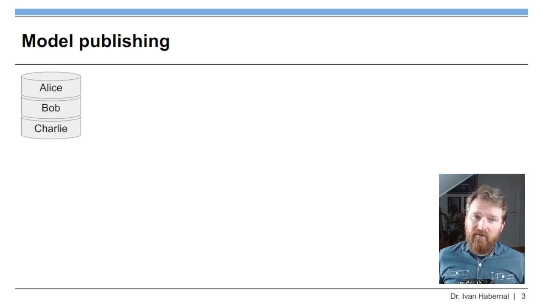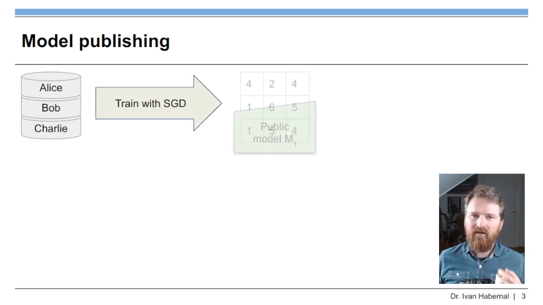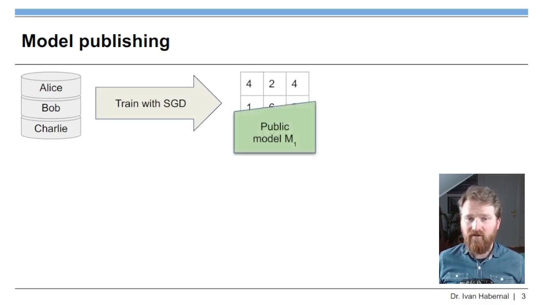When we go to model publishing, for example, here we have a very small data set of 3 persons in there, and what we typically do is train it using stochastic gradient descent, and we have some model which we publish later on. The model is basically an architecture and a bunch of parameters.